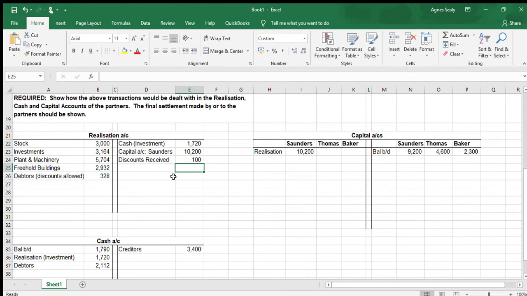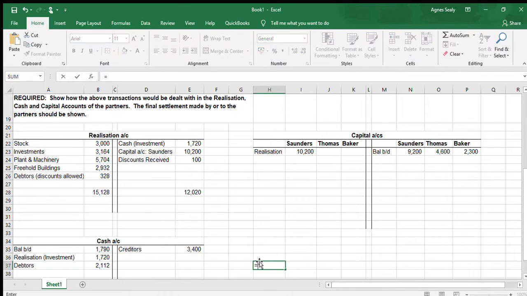So now our realization account is completed, and if we look at our debit side of our realization account, if I total this debit side, it is bigger than our credit side, because if I total my credit side, my debit side is $15,128, and my credit side is only $12,020.